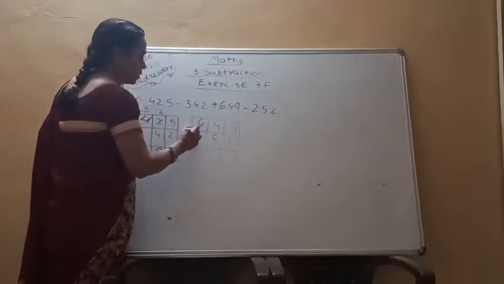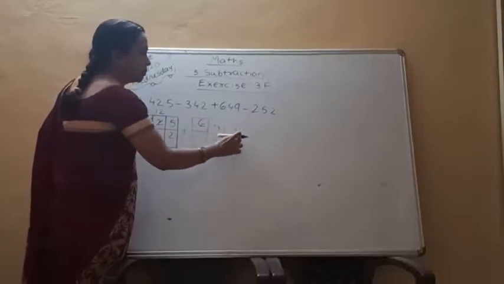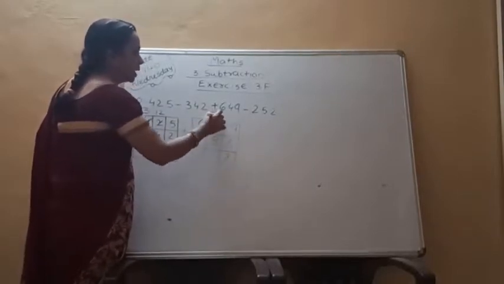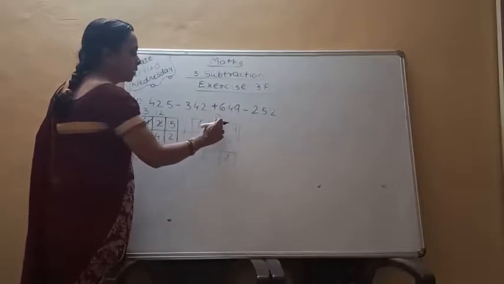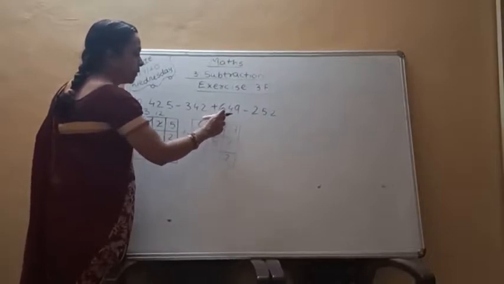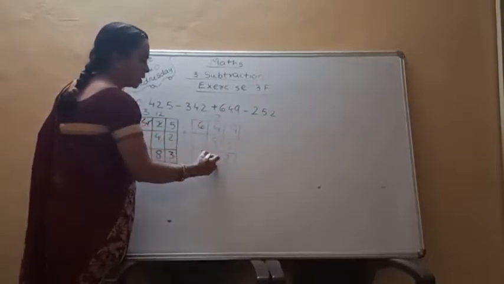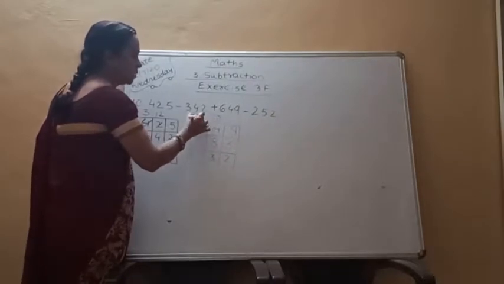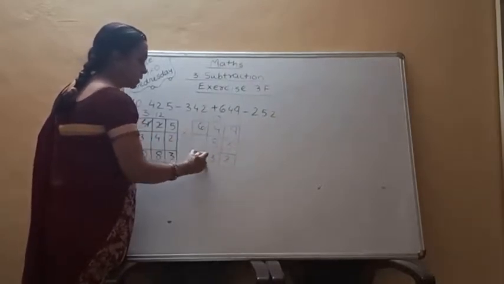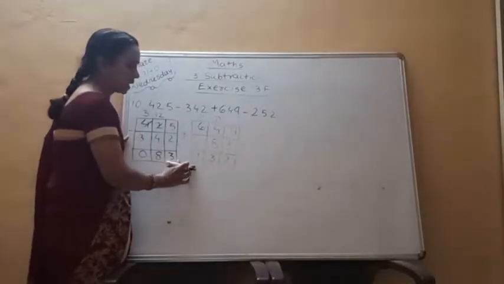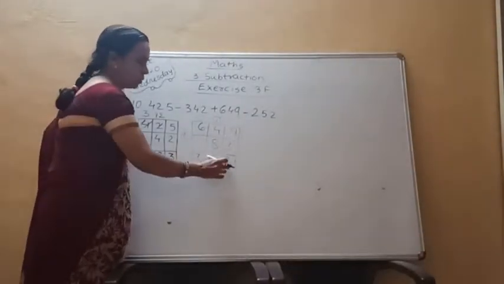So give here addition sign. 9 plus 3, 12, carry 1, 4 plus 1, 5, 5 plus 8, 13, carry 1, 6 plus 1, 7. So what is our answer? 732.